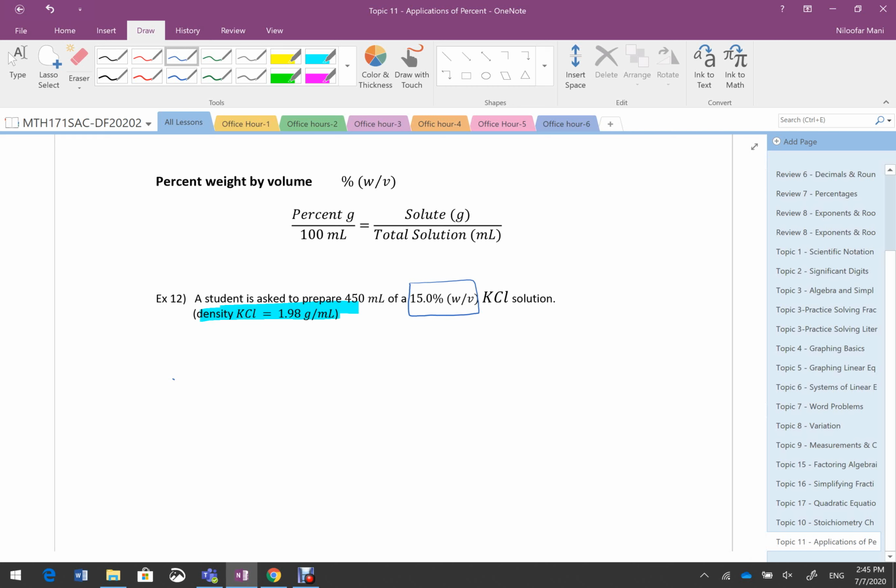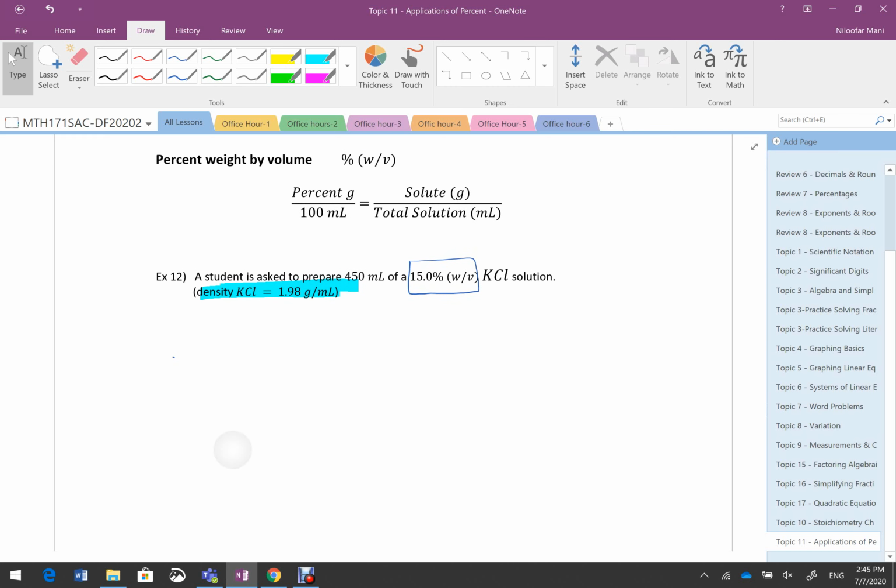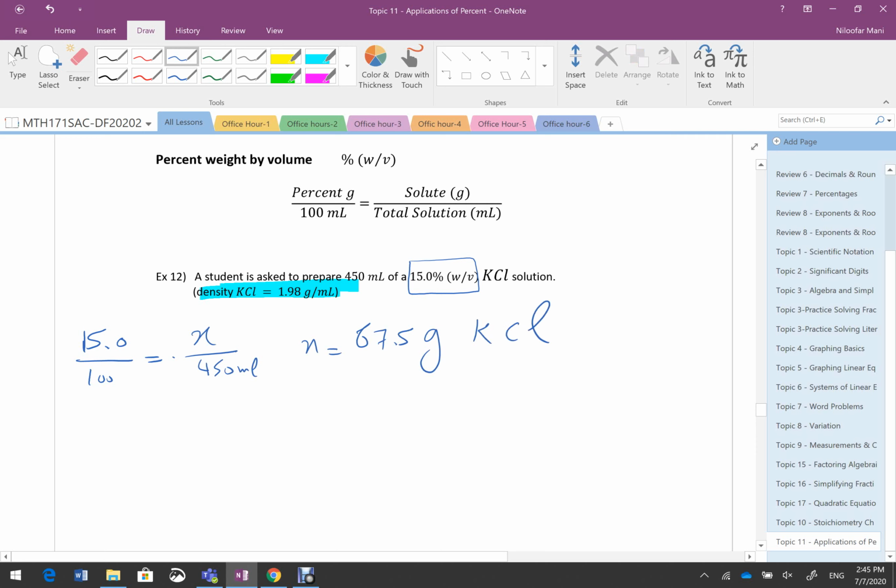Okay, so let's see. First, step by step, 15 over 100. Okay, doesn't matter. W over V. Yes, perfect. So X over 450 milliliter. Okay, so X is the same as before, 67.5 gram KCl. So far, so good. Because the percentage is also W over V. So I say, okay, this is also weight. So gram is here.